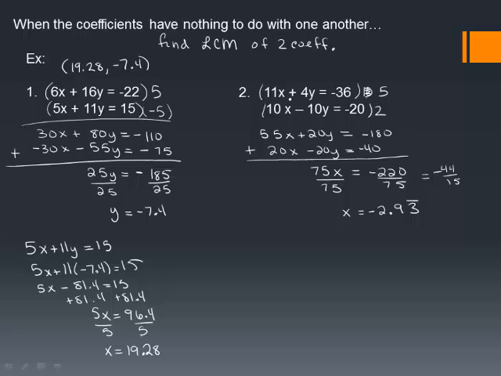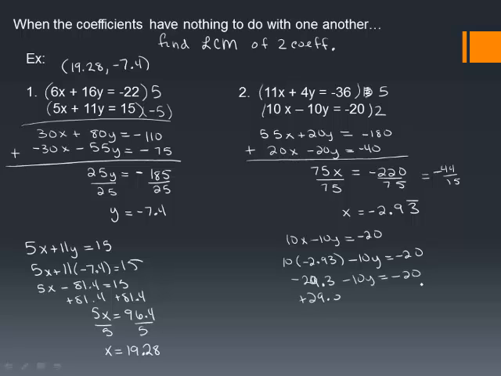Picking one of these equations, I'm going to use the 10x minus 10y is equal to negative 20. Okay, so I'm going to have negative 29.3 minus 10y is equal to negative 20.